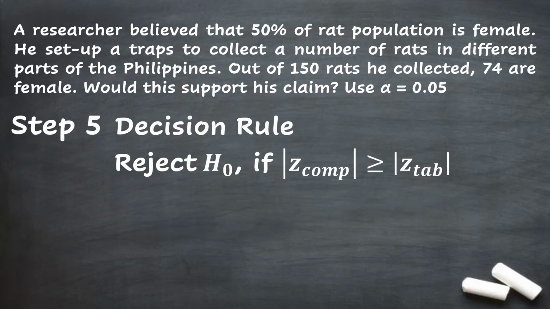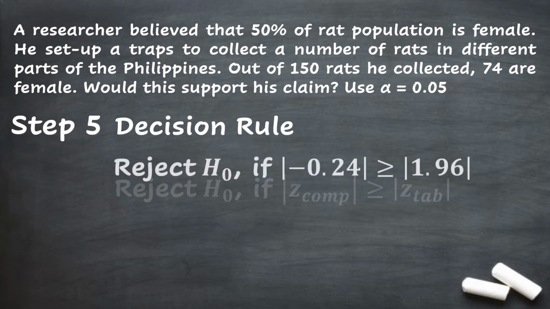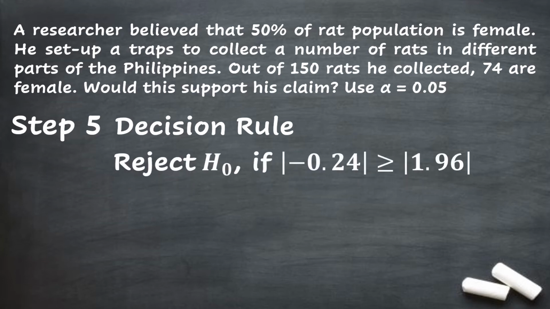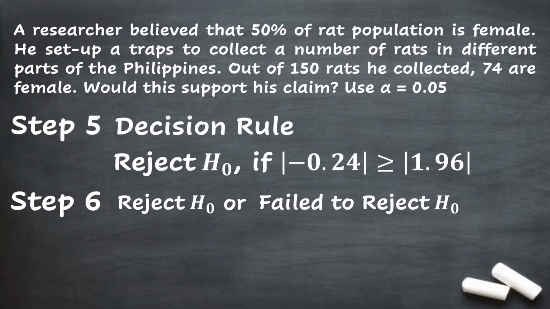Substituting the values for z computed and z tabular, we have the decision rule: reject the null hypothesis if the absolute value of negative 0.24 is greater than or equal to the absolute value of 1.96. Step 6, identify if we reject the null hypothesis or fail to reject it.